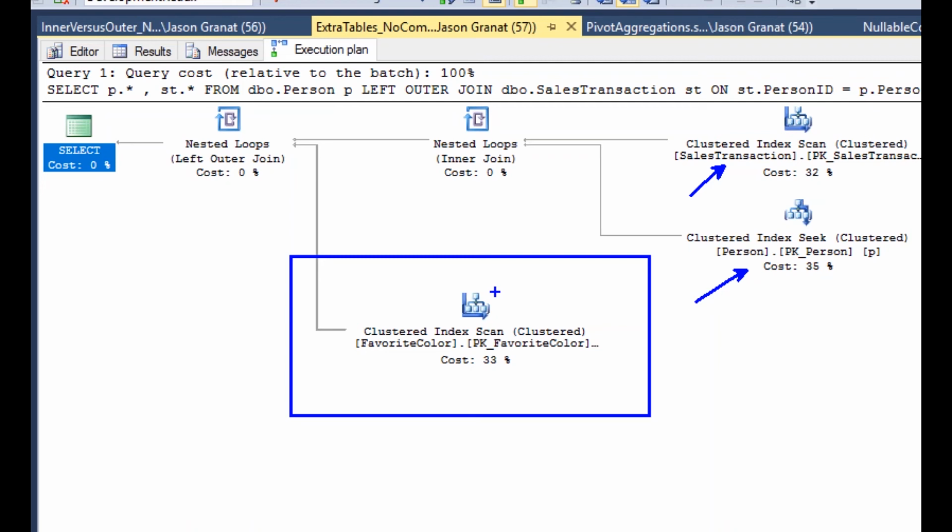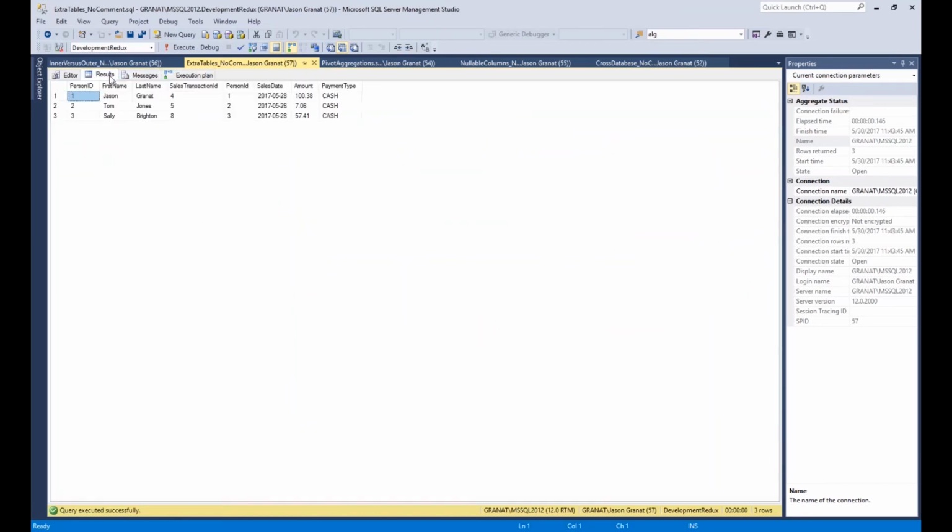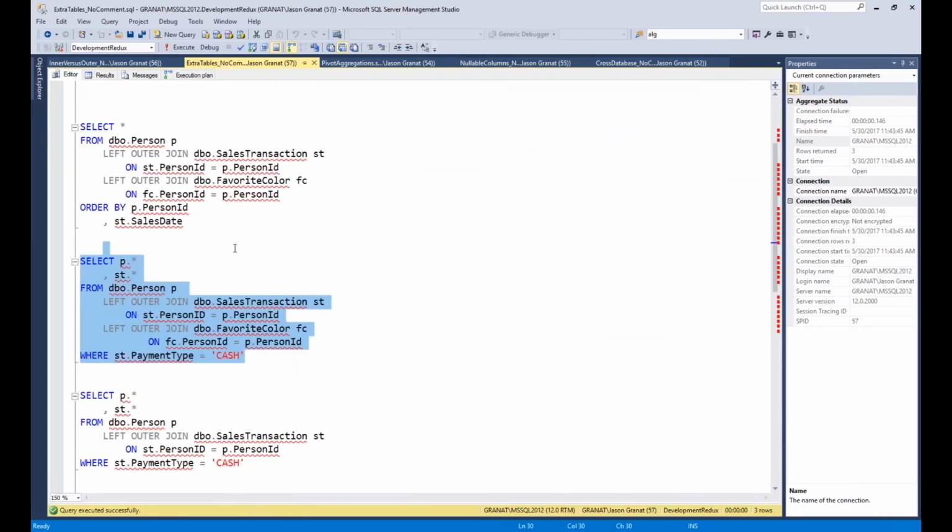The optimizer still has that table as part of the plan. And this type of behavior happens in both the 2012 RTM and the 2016 RTM.